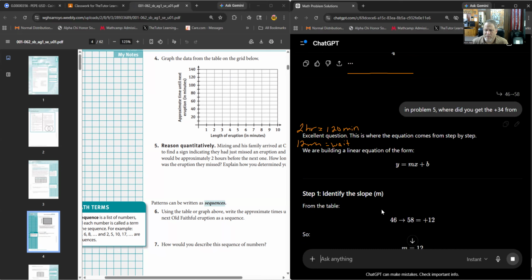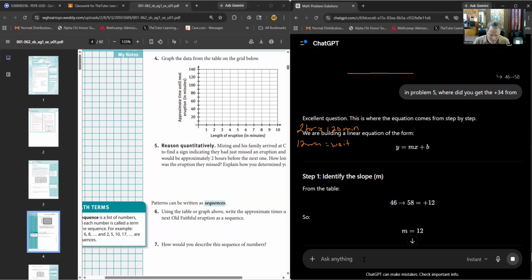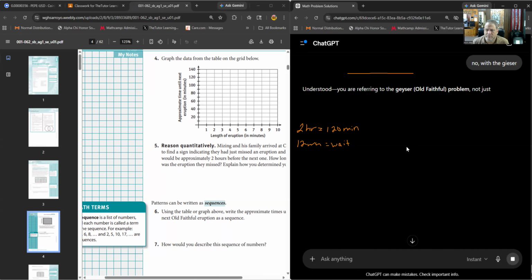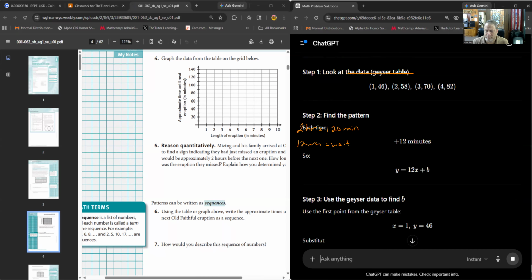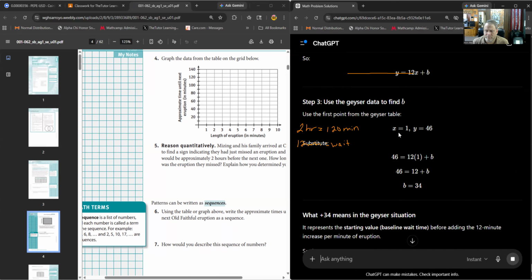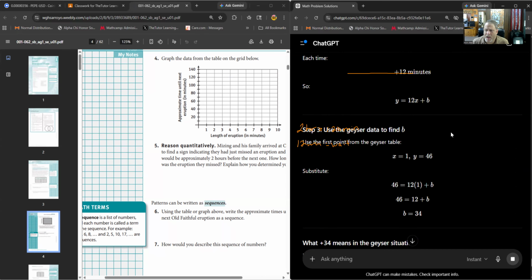Oh, nope. Problem 5 with the geyser. Okay. So it's a step that they left out. All right.